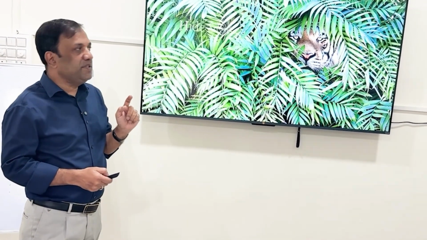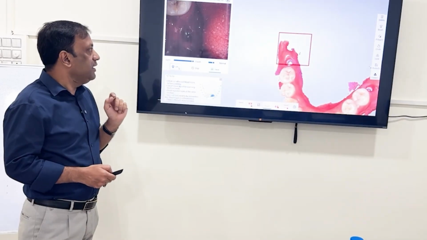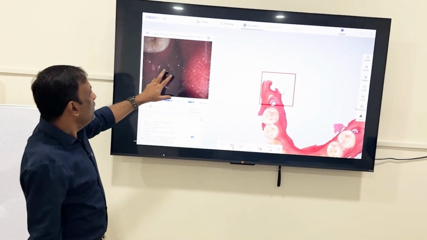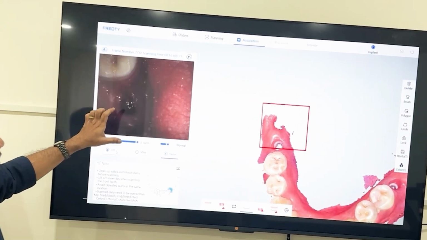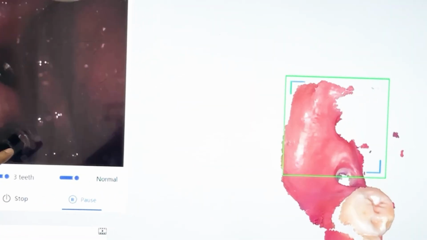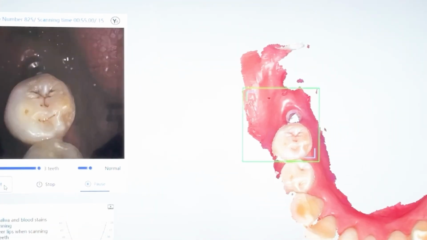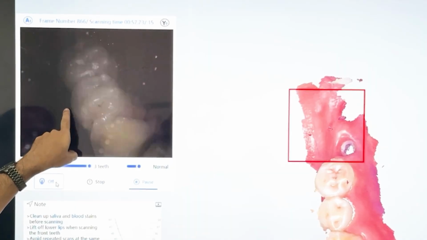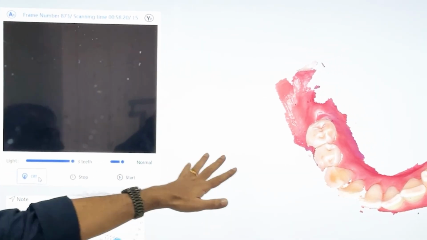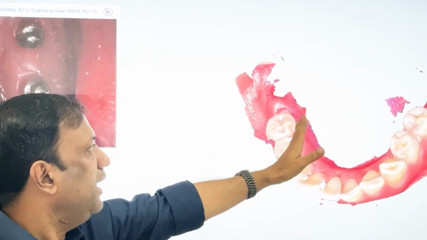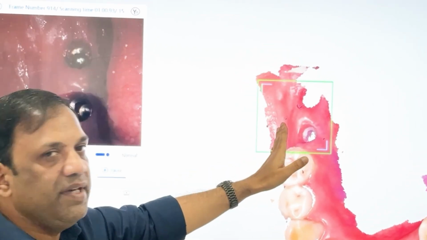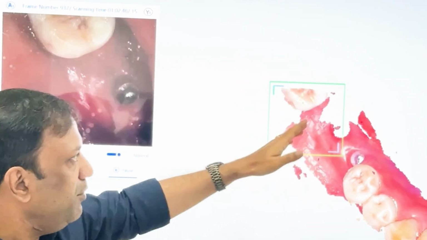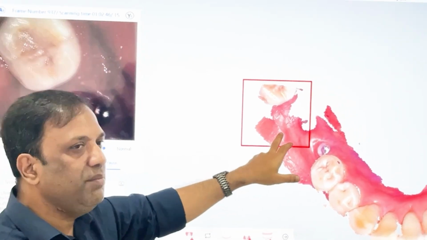And one more problem is the hide and seek effect. When I am scanning, during that scan my mandible is continuously moving, my tongue is moving, frenula are moving. So if I make one image where my tongue is at a certain level and my gingiva is at a certain level, the second image I form does not have the same relation.